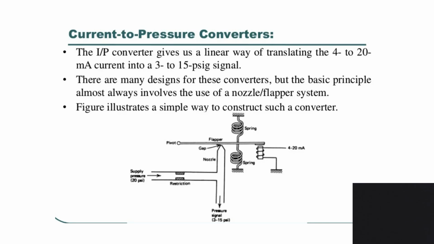You can see on the right hand side the current signal, and on the bottom left hand side the pressure signal of 3 to 15 psi. There are many designs for this converter, but the basic principle is always the nozzle flapper arrangement.